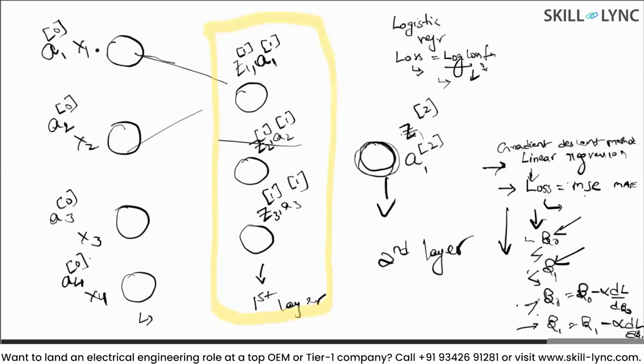Similarly, here also, our initial weight values would be decided randomly.